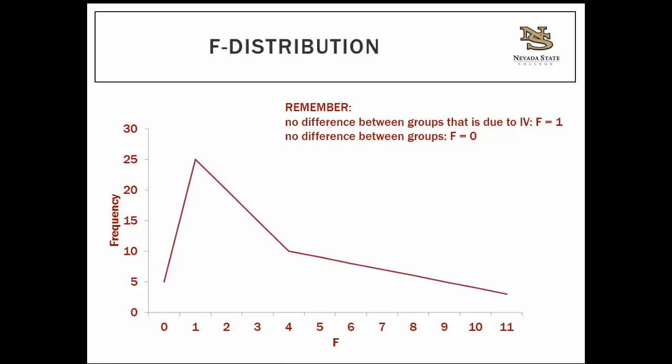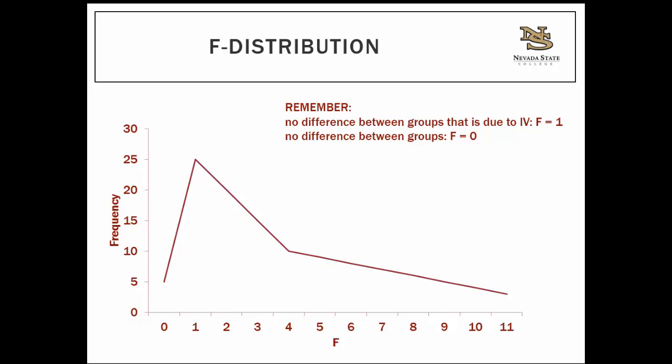But if there's no variability between the groups that's due to the independent variable, our F statistic equals 1, right? Because there are no differences due to the independent variable, we have error over error. So the F distribution represents the null hypothesis, and under the null hypothesis, the independent variable has no effect. So the bulk of F statistics under the null fall at a value of 1.